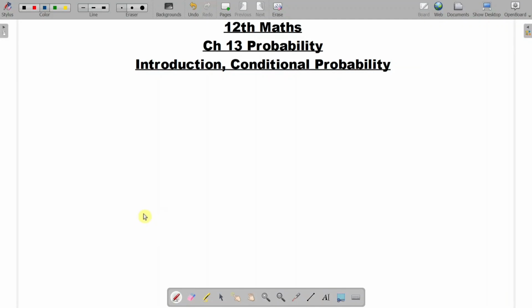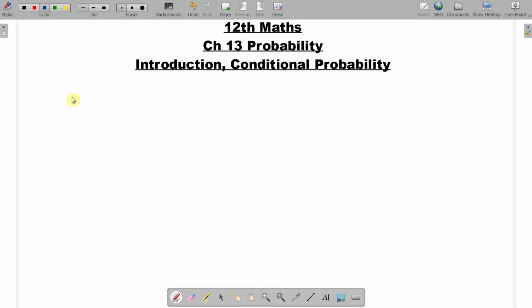In this video we will learn the introduction and conditional probability of chapter 13, probability, in 11th and 12th class math. So we are starting this chapter, that is the probability. Now we have studied the probability in the 11th standard also, and there we have seen the definition of probability.